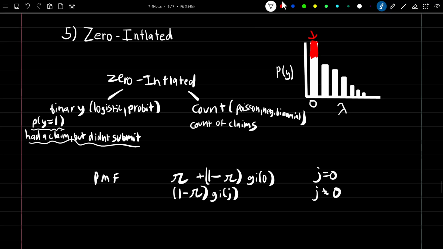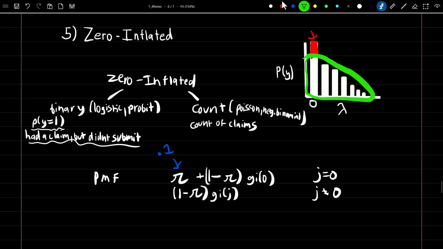So let's say we had a pi value equal to 0.1. So this would mean 1/10 of people had a claim but they chose not to submit it. So that means 0.9 or 90% of people submitted a claim. So that represents this whole portion right here is 90%. So then we're just using it just like we would a regular count distribution or a regular Poisson distribution, except for multiplying whatever value we get by 0.9.